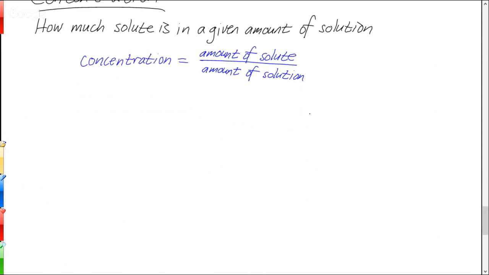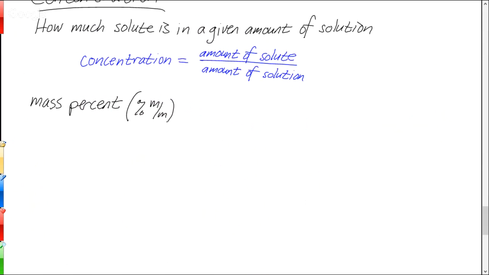Okay, so let's look at our first concentration measure, which is going to be the easiest, most basic one, called mass percent. Mass percent is sometimes written as a percentage sign and then M over M, or % m/m.